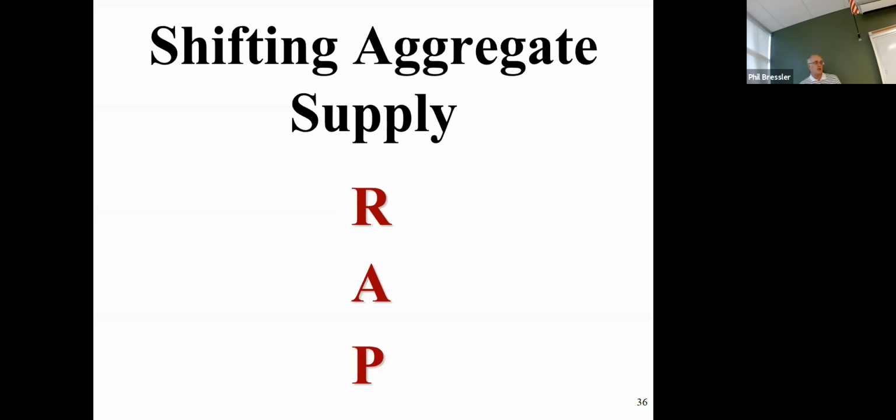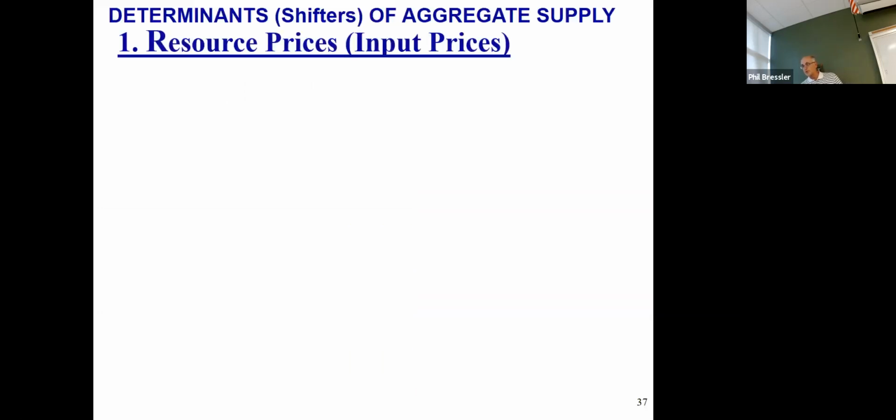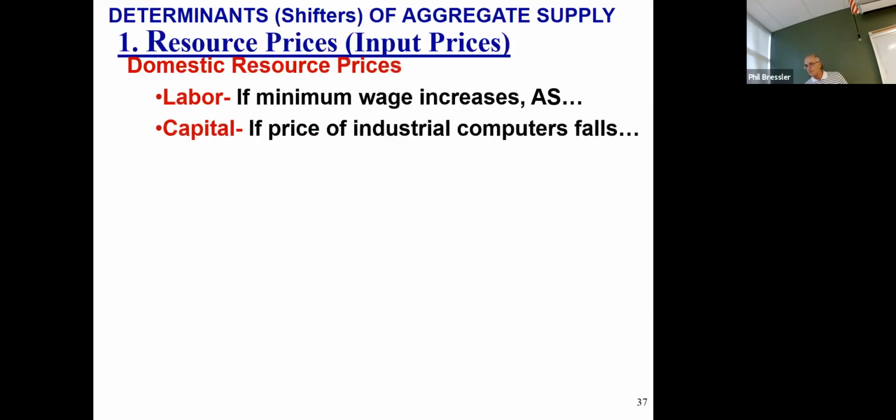All right, three shifters of supply, RAP. First one is resource prices. Labor is a resource. Oil is a resource. Wages are resources. When they want you to think of consumption, they're going to say income in the United States increases and decreases.